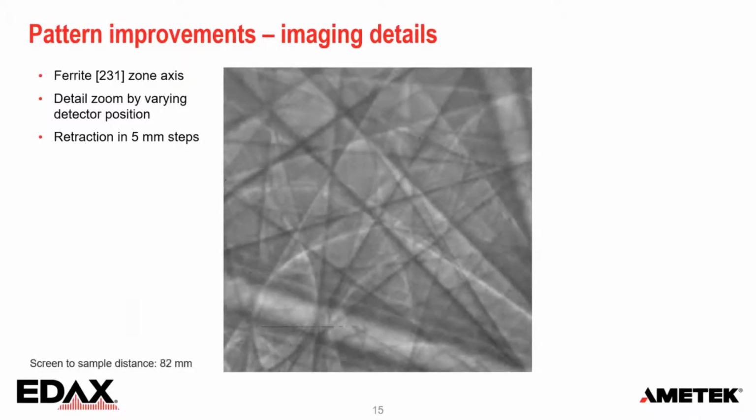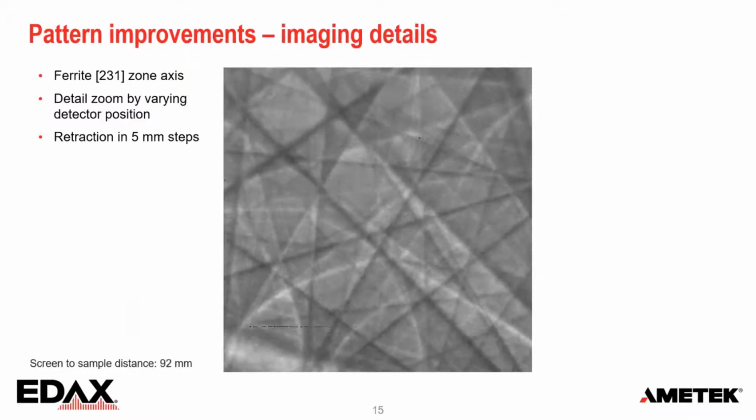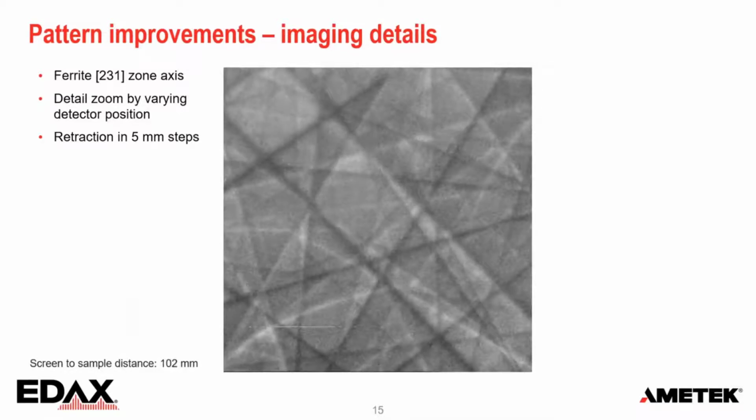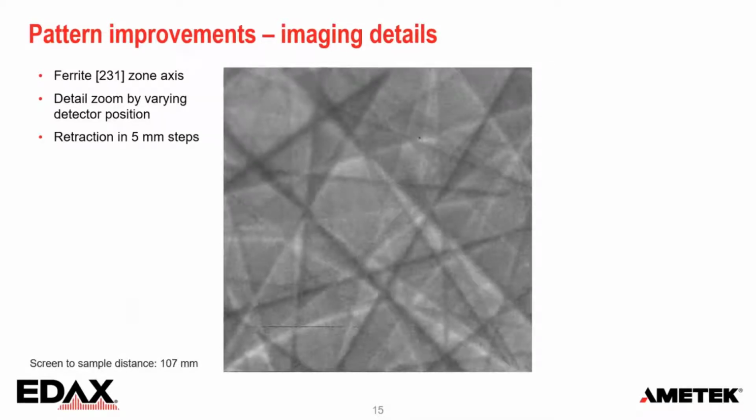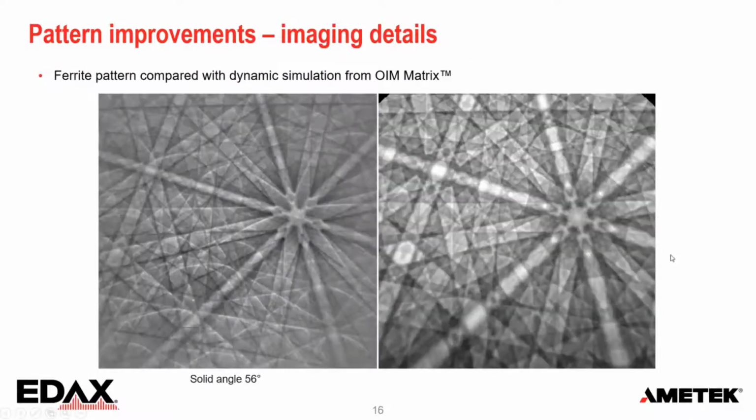You can see that there are no empty spaces in between the bands. When you look at the normal pattern, you typically see some bands and it looks like just background gray next to it. Here you can see it's only a superposition of lots and lots of bands.